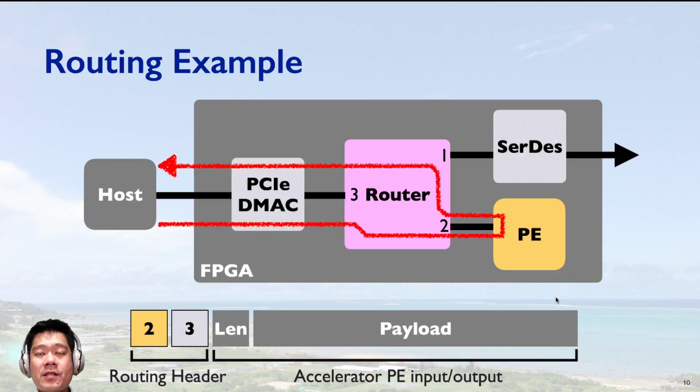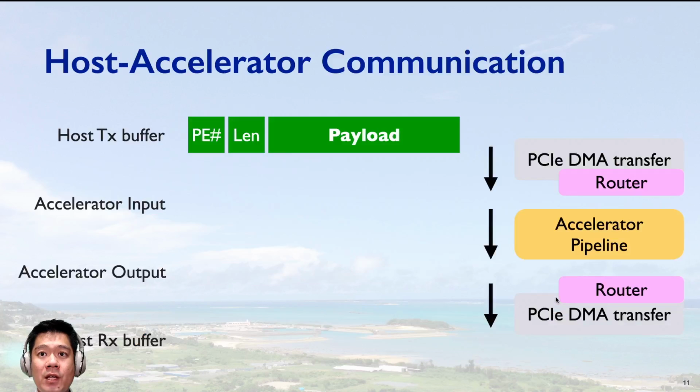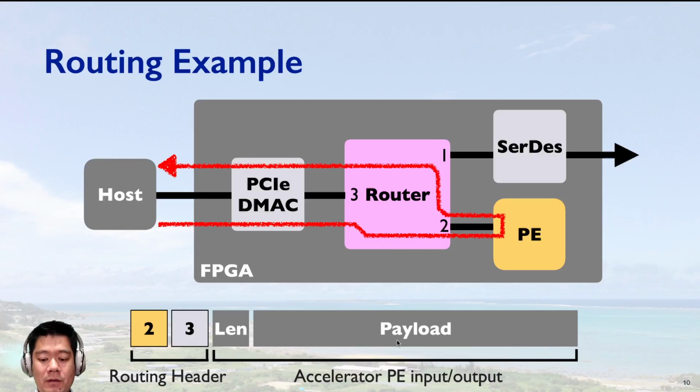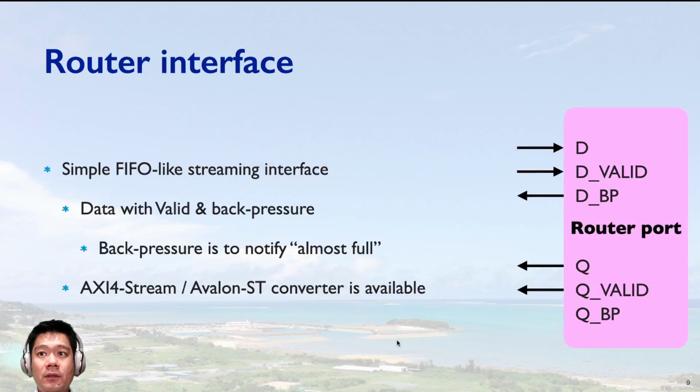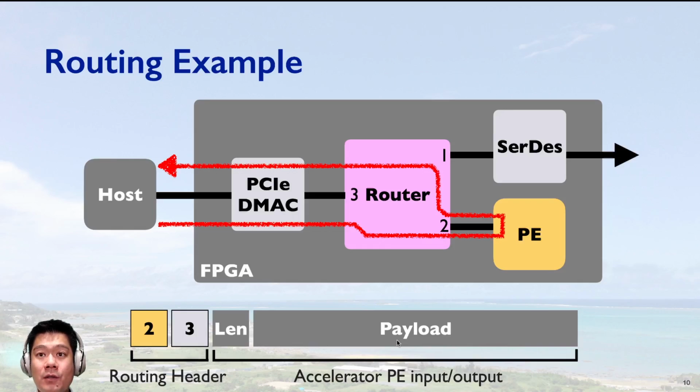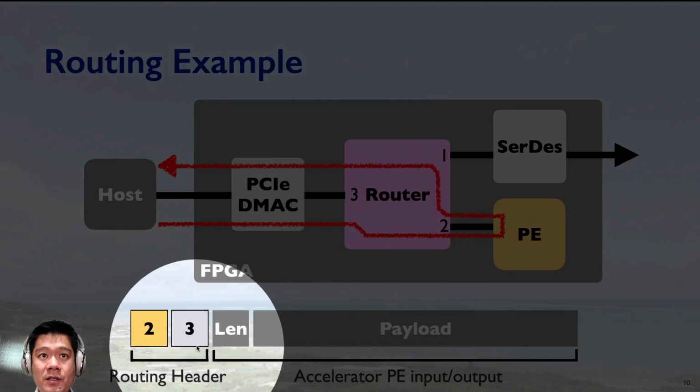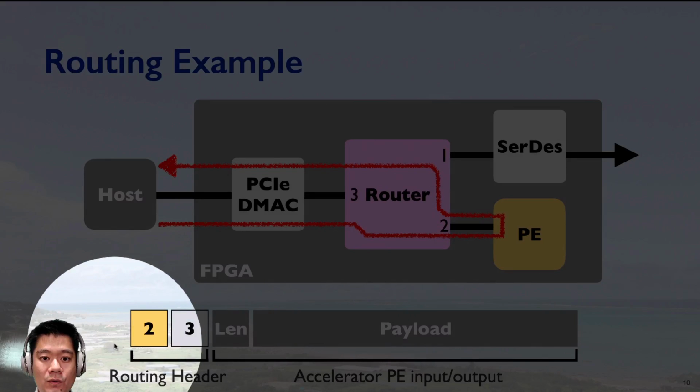So here is an example with a router and PE. The data streams are basically source routed with the routing header. The routing header is generated and added by the host program. For this example, the first word of the routing header is 2.